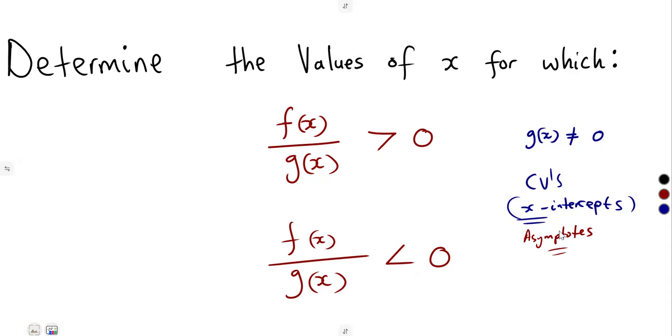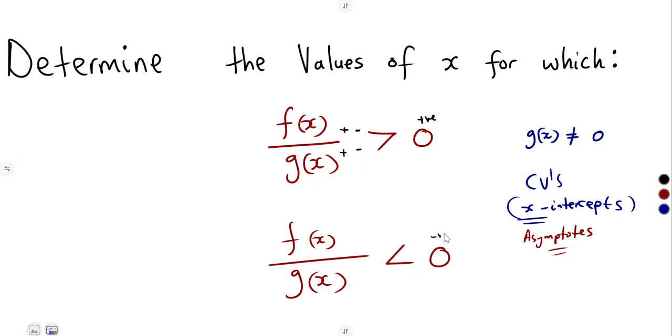It is just a comparison. As we have a division, to get a positive value, it is either a positive over a positive, which will be positive, or a negative over a negative, which gives a positive.